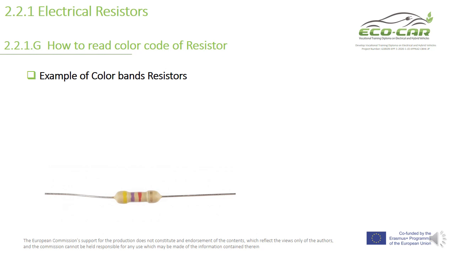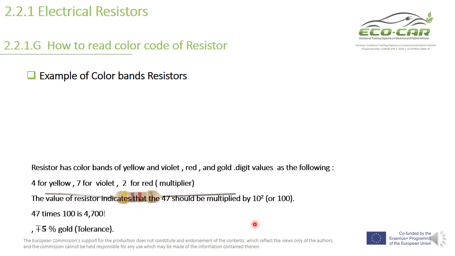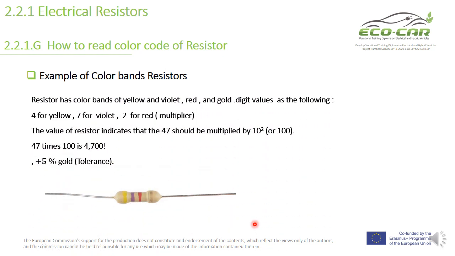This is a resistor. How to read the color code of this resistor by these four colors. So this resistor has color bands of yellow, violet, red, and gold.